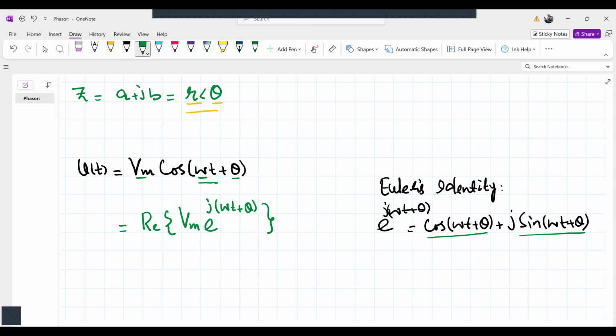So in other words, Vm cos omega t plus theta is the real part of this complex sinusoid, right?